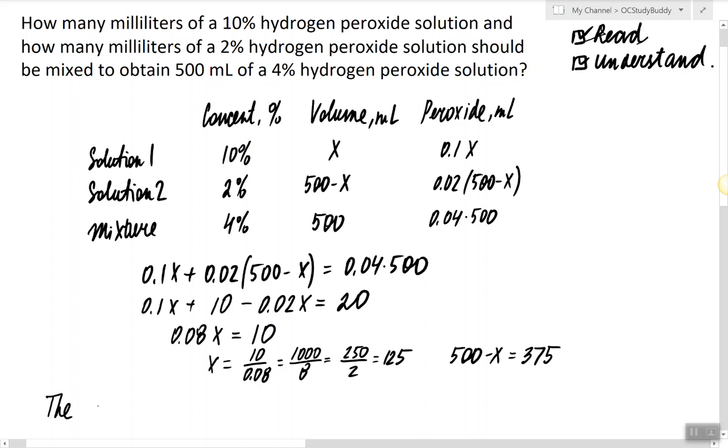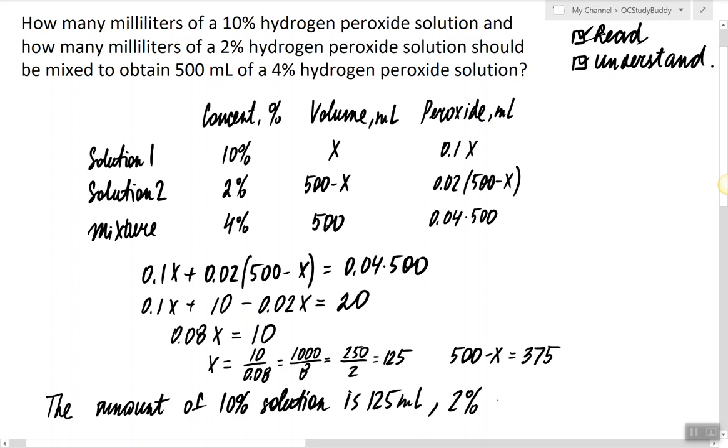So we would say the amount of 10% solution is 125 milliliters, and for the 2% solution is 375 milliliters.